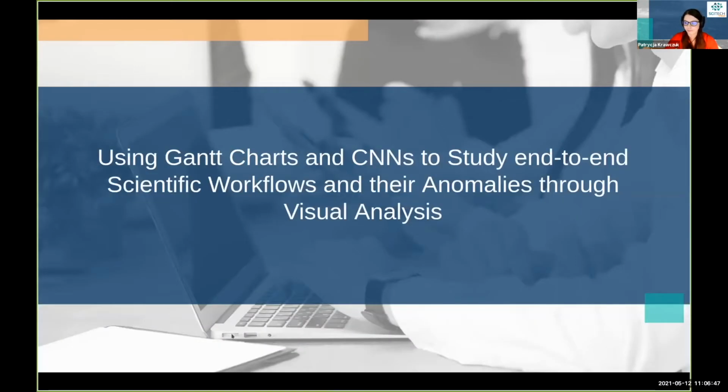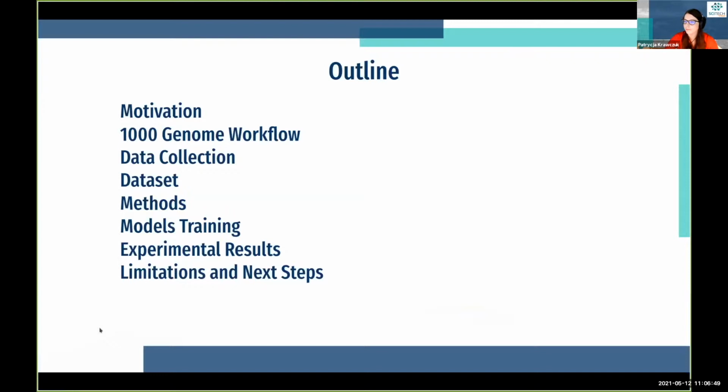First, the outline. I will motivate why this is an important problem, then talk about the 1,000 genome workflow that we used for experiments. I will talk a little bit about the process of data collection, about the data set that we were able to collect, and methods that we use that are from the area of computer vision.